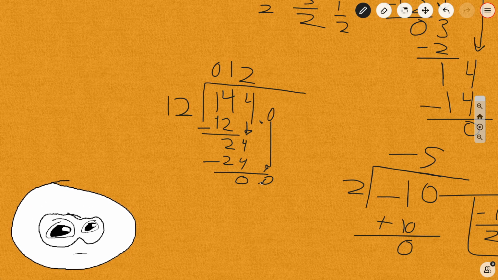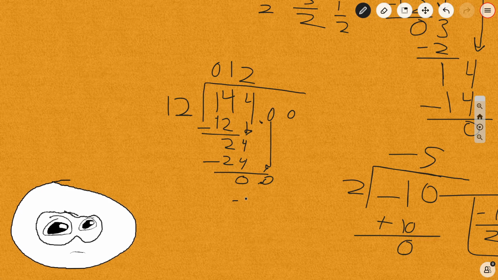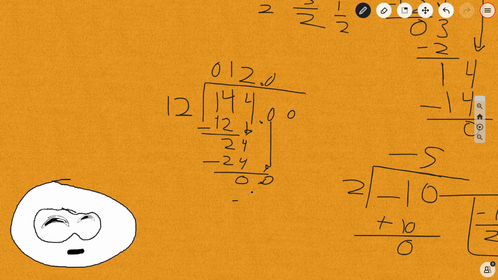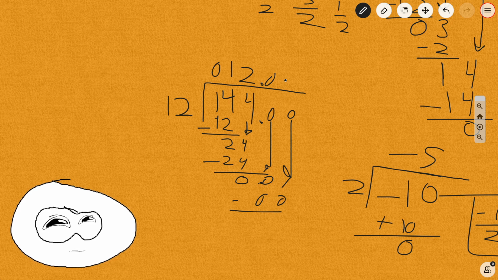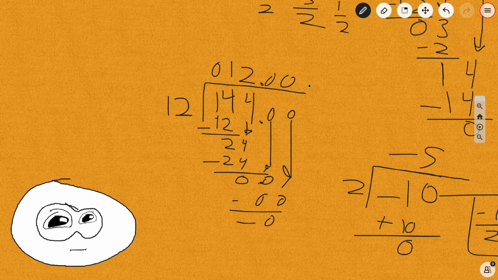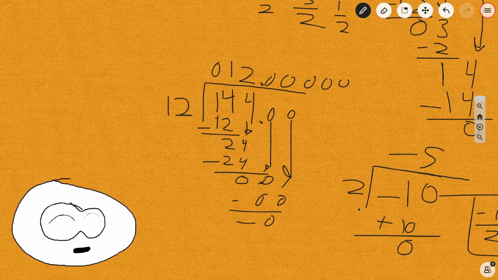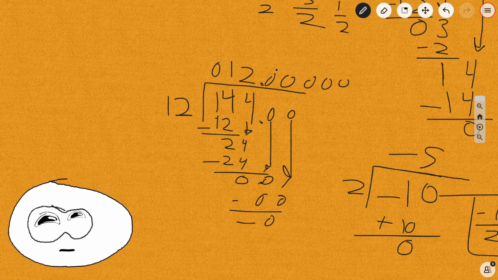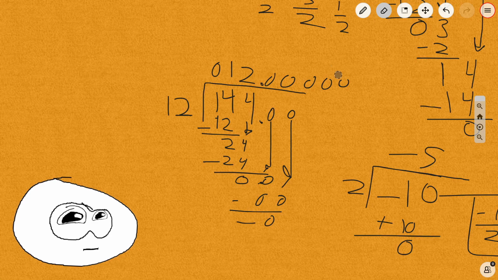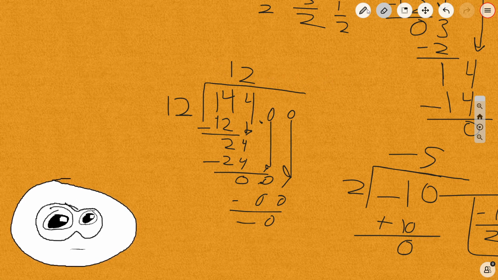But then if you do a bunch of zeros, how many times does 12 go into 0? Well, 0 times. So you either get minus 0, bring down the 0, 0 times, minus 0. So then you could do silliness where you just keep adding zeros and keep doing long division forever. But that's just going to be repetitive, so you don't have to do that. You can just leave it at a nice simple 12.